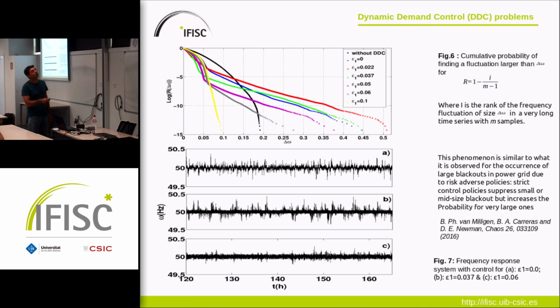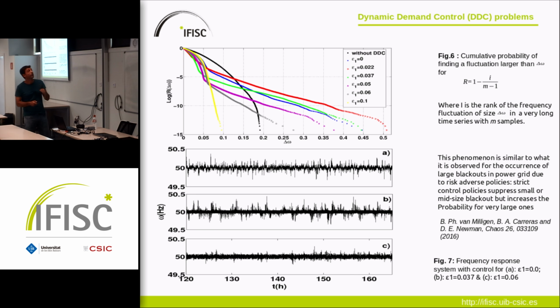So to have a frequency fluctuation larger than 0, you have probability 1. But to have a frequency fluctuation larger than 0.15, you have this value here. You see that in the stochastic case, without control, you never have fluctuations larger than 0.2. The law is such that you don't have that large fluctuation. The probability is very low. This decays faster than exponential.